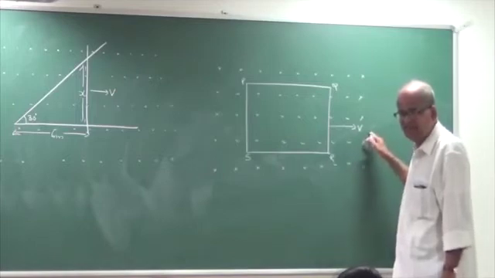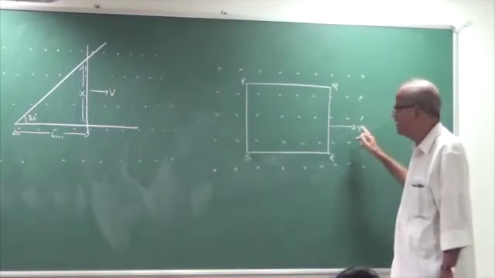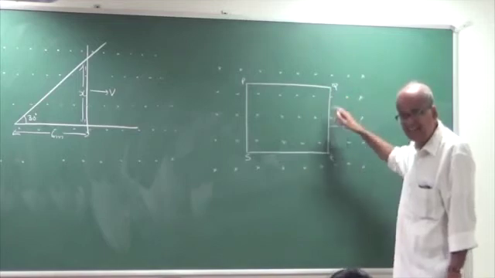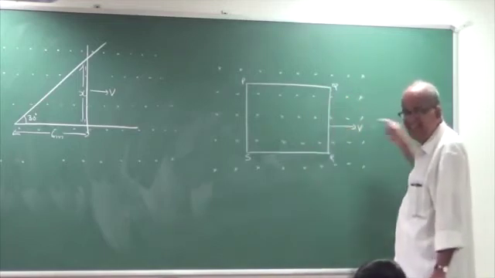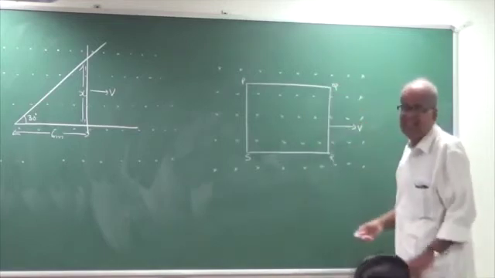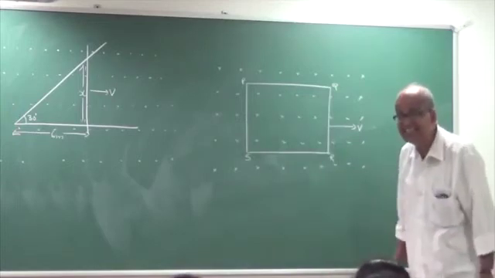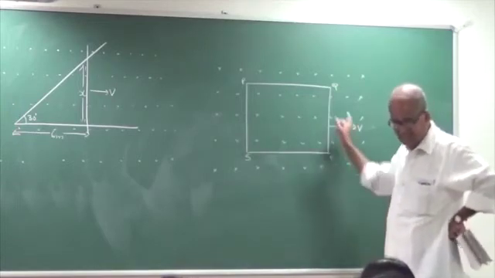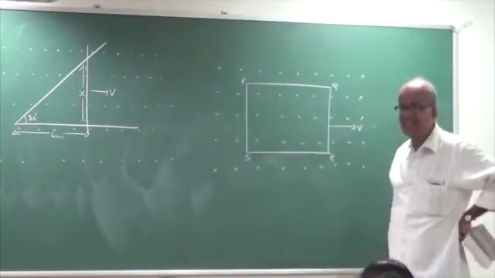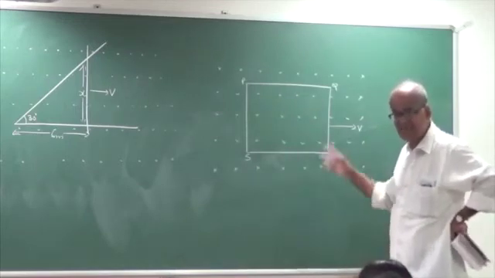BLV. Follow me. When this is moving, there is an EMF BLV induced in which direction? This is a closed loop, so a current is flowing. In which direction? In that direction EMF is induced.